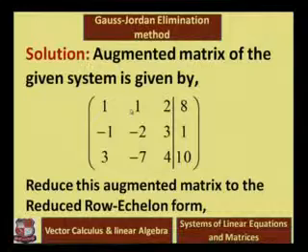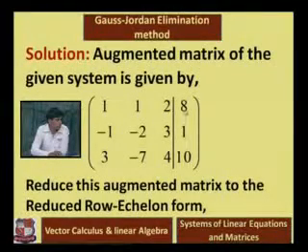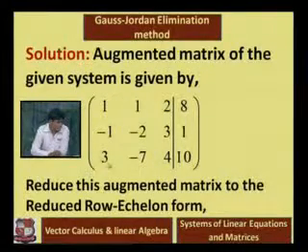Write the augmented matrix from the system of equations. The augmented matrix is in the form 1 1 2 8, minus 1 minus 2 3 1, 3 minus 7 4 10. Our aim is to reduce this augmented matrix into the reduced row echelon form.